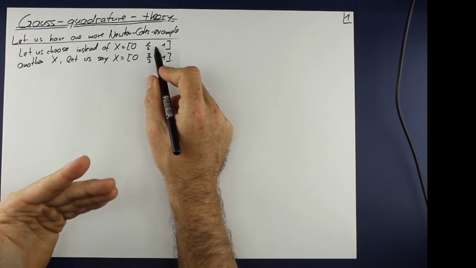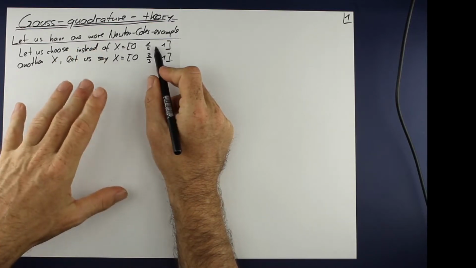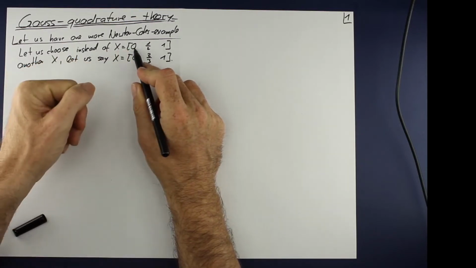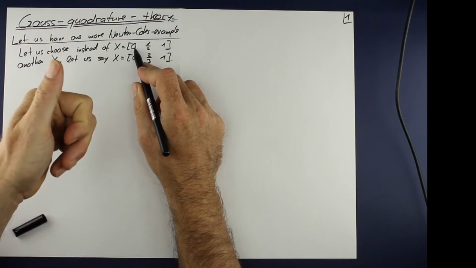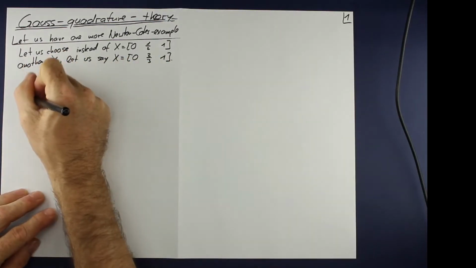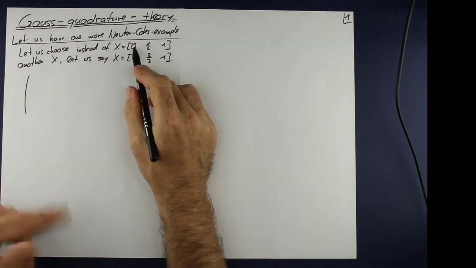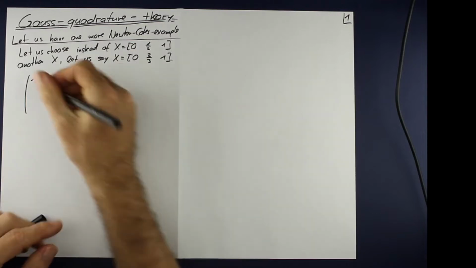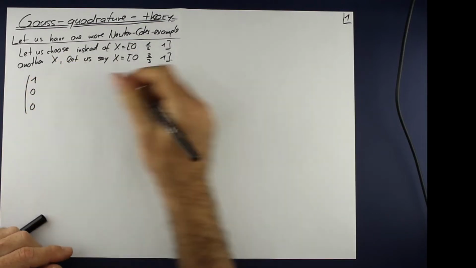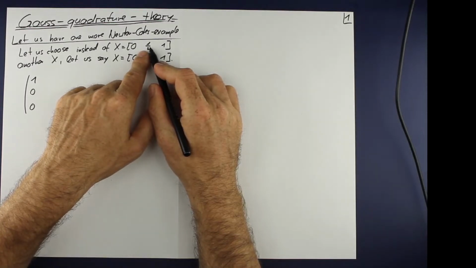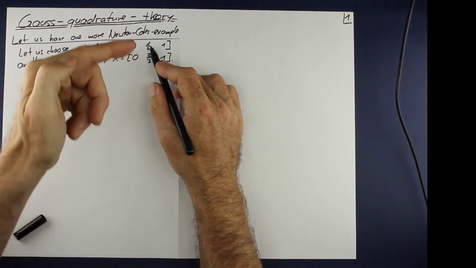What did we see? There will be a matrix which has these values to the power of 0, to the power of 1, and to the power of 2 in the first column. Then we get that matrix: 0 to the 0th power is a 1 in this case, to the first power 0, and to the second power 0. Then this point to the power of 0, to the power of 1, and to the power of 2.